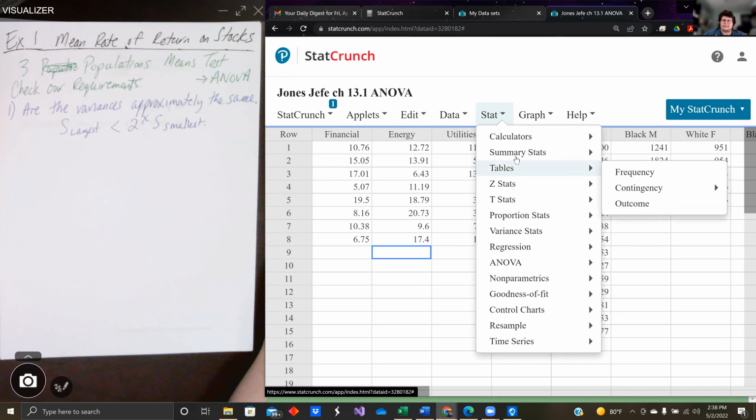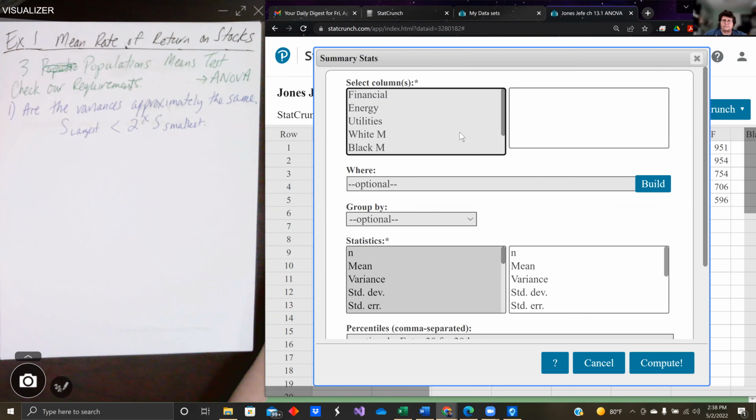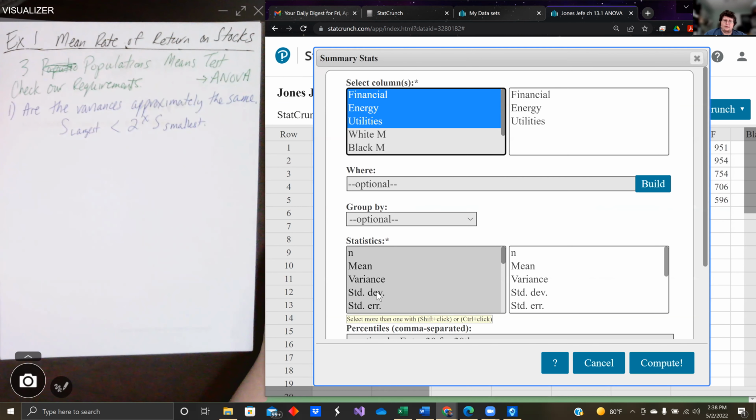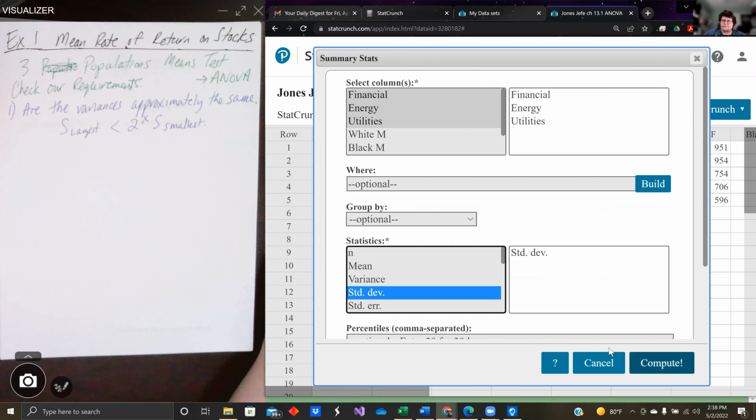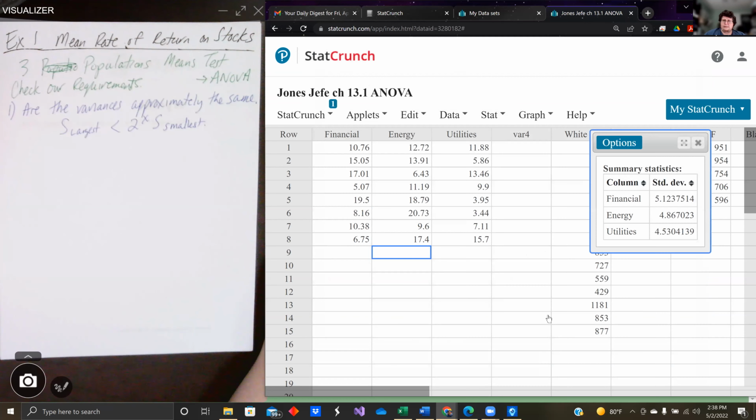I'm going to do stats, summary stats, columns, and we'll look at the 3 groups. I want to know about standard deviation. It looks like my largest is 5.12.